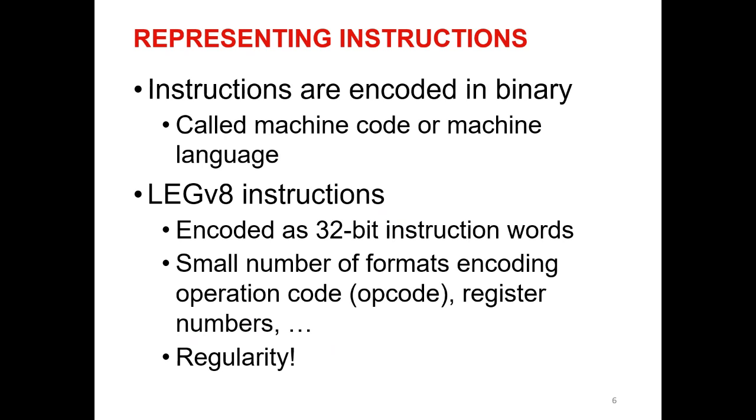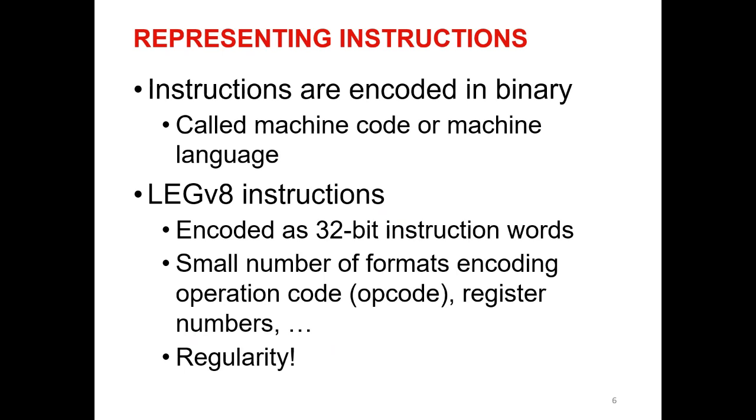In the case of LEG-V8, all the instructions are encoded as 32 bits. Remember, we also saw yesterday that 32 bits, we call this a word. We are going to see three formats of instructions.